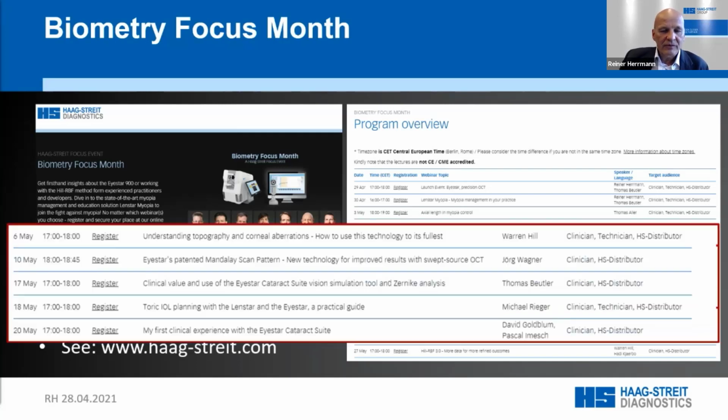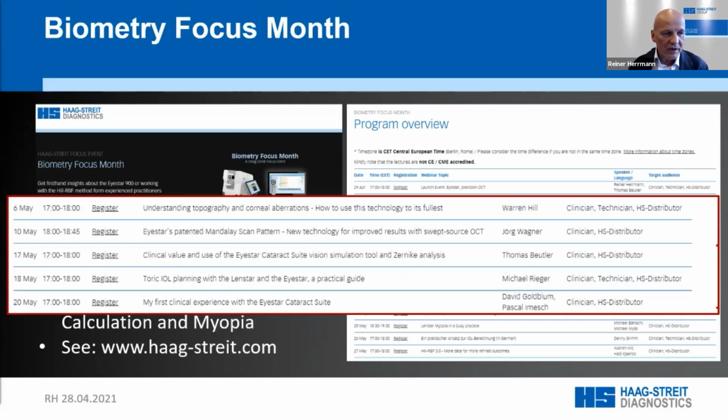To do that, we have designed a number of webinars in a series called the Biometry Focus Months, where we have today the first seminar. As of May 6th, we will have more webinars by leading experts on biometry with the Eyestar.